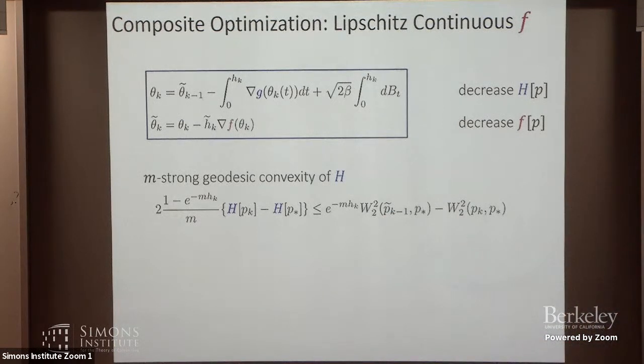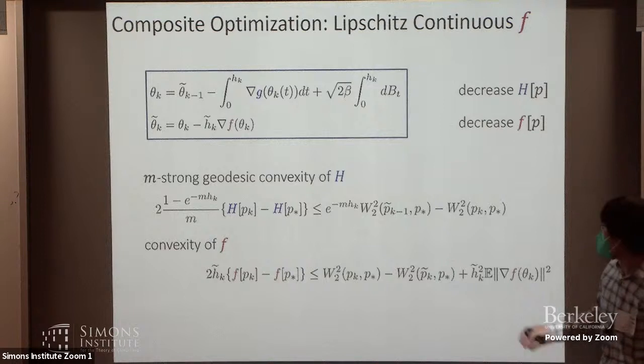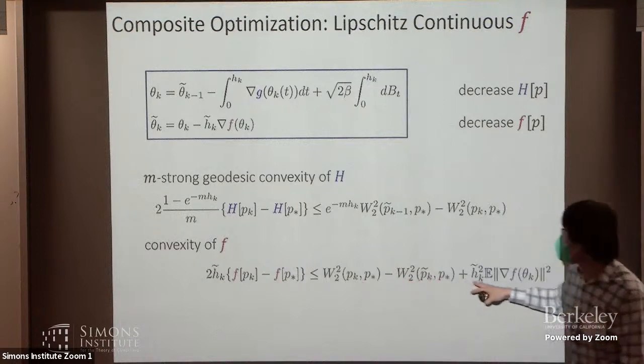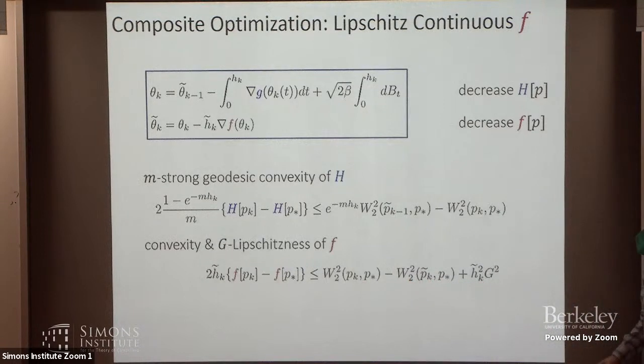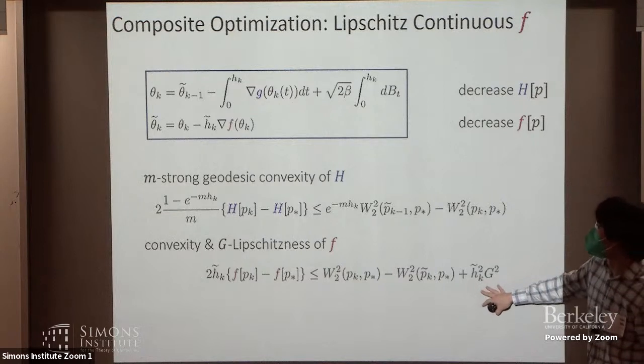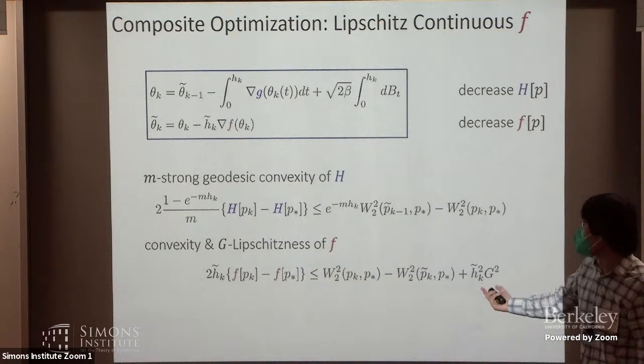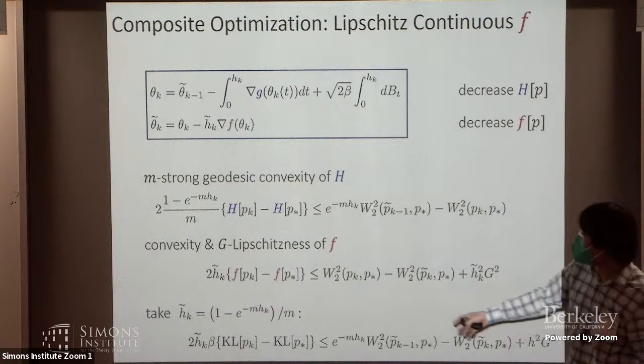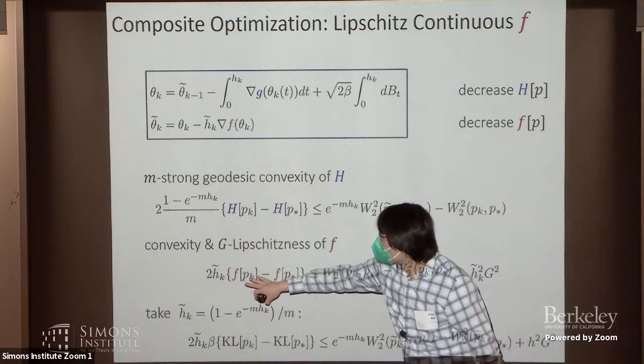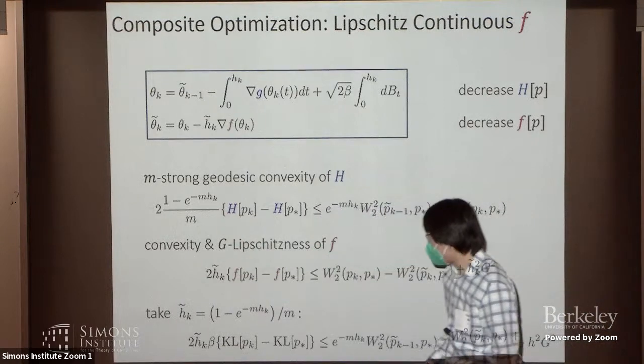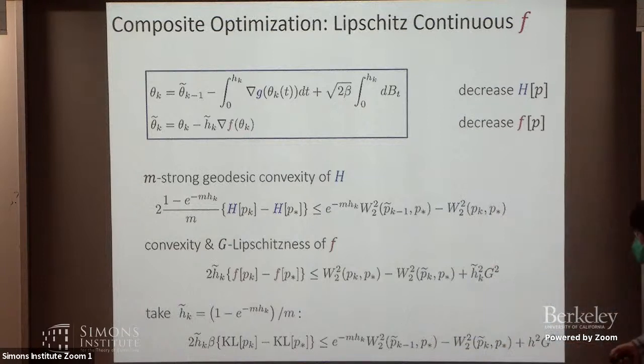And now for the convexity of F, we have the same thing as before. And if we further assume it's G Lipschitz continuous, then this is a constant, and we can take a step size which matches these two, so that we can combine them to get a convergence for KL divergence, right?